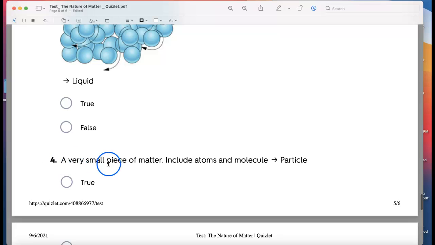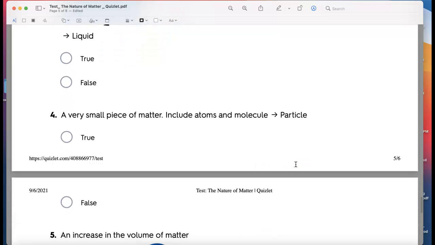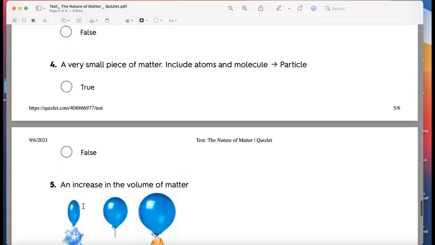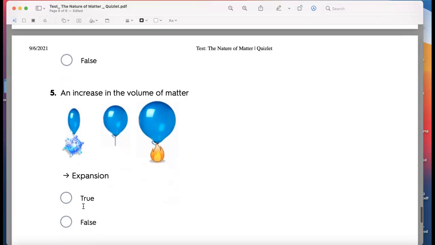Number 4, a very small piece of matter that includes atoms and molecules is known as a particle. Is that true or is that false? And last, number 5, an increase in the volume of matter.